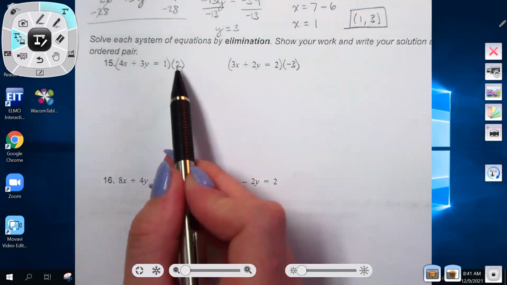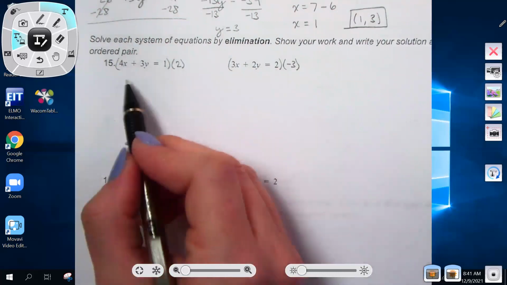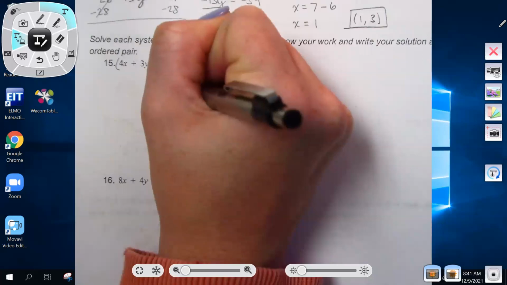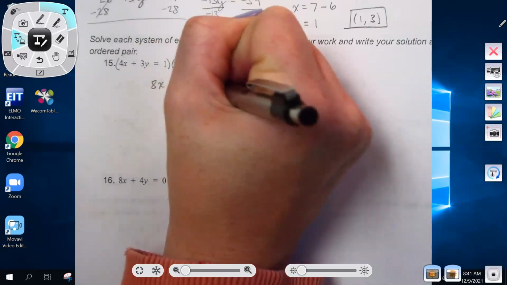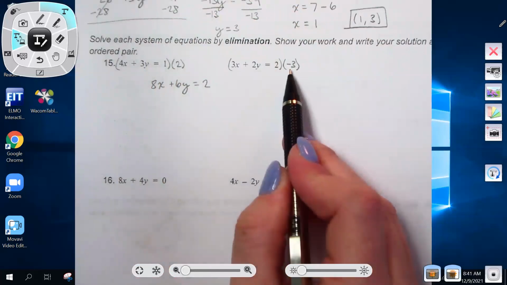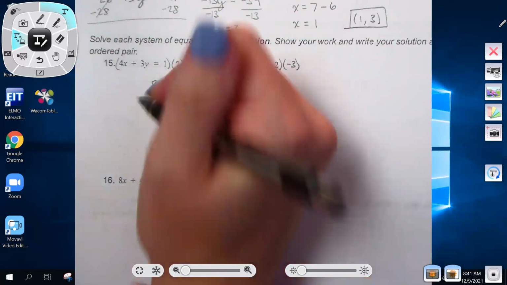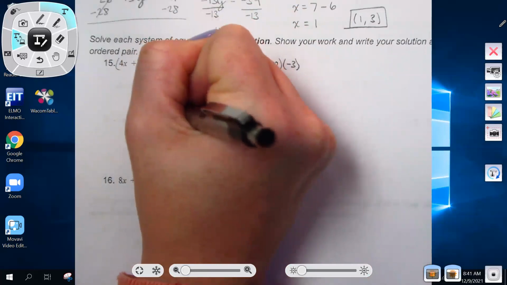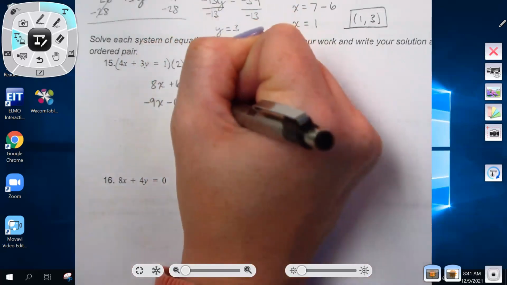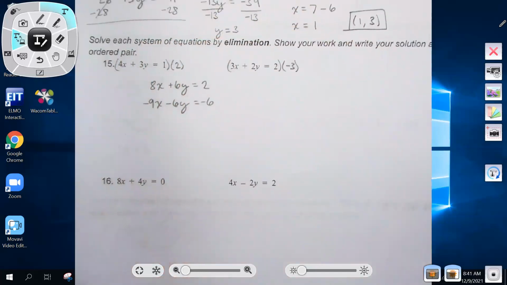Okay, so if we multiply the first equation by 2, that means multiply everything in that equation by 2. 8x plus 6y equals 2. Multiply the second equation by -3. We get -9x minus 6y equals -6.